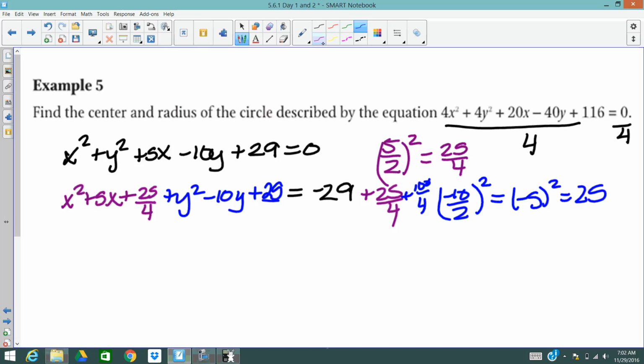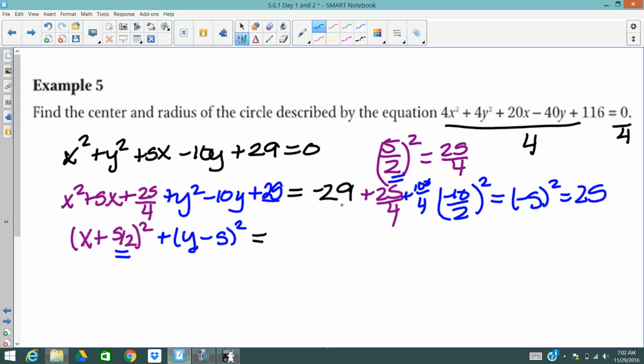So now on my left side, this factors to be the quantity x plus 5 halves squared. And again, I know 5 halves because it's whatever b over 2 is. And plus y squared minus 10y plus 25 factors to be y minus 5, the quantity squared, equals, on the right side I have negative 29.